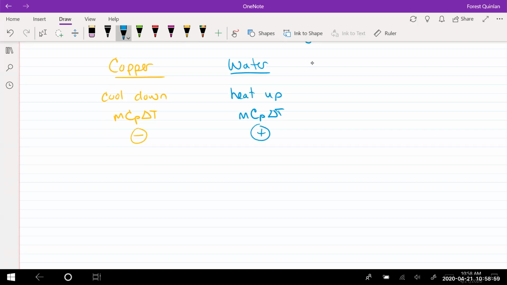The water is going to be the positive. So we can say that the negative MCP delta T for the copper is equal to the positive MCP delta T for the water.